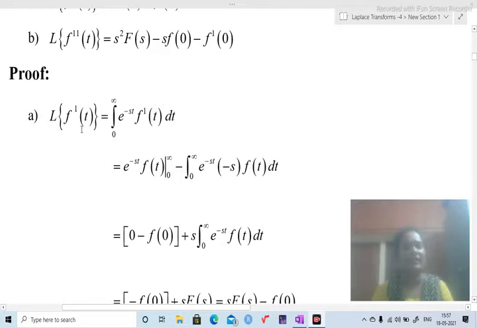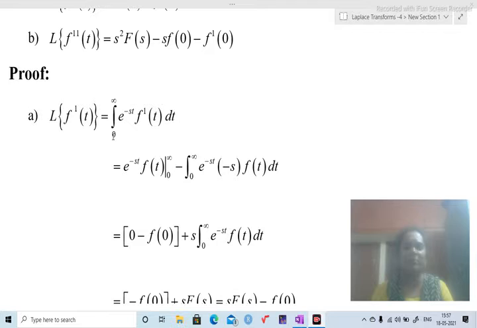Proof: L of f dash of t equals integration 0 to infinity e power minus st f dash of t dt. This is by using the definition of Laplace transform. Here we are writing simply this f dash of t inside the integration along with these terms.